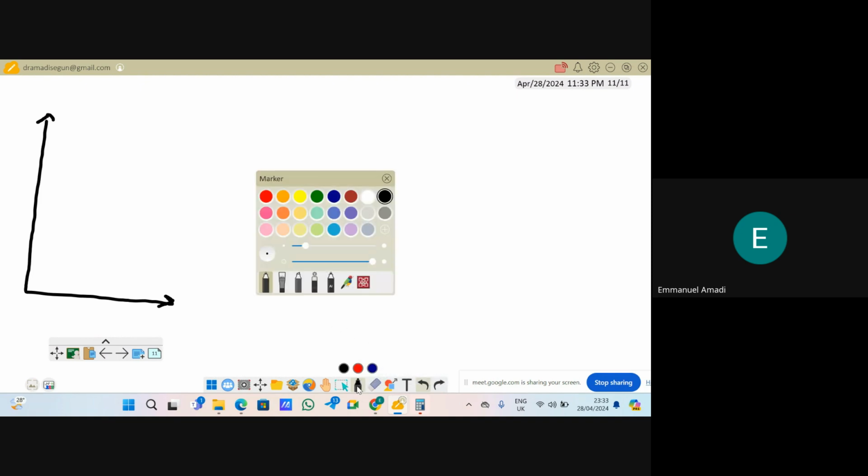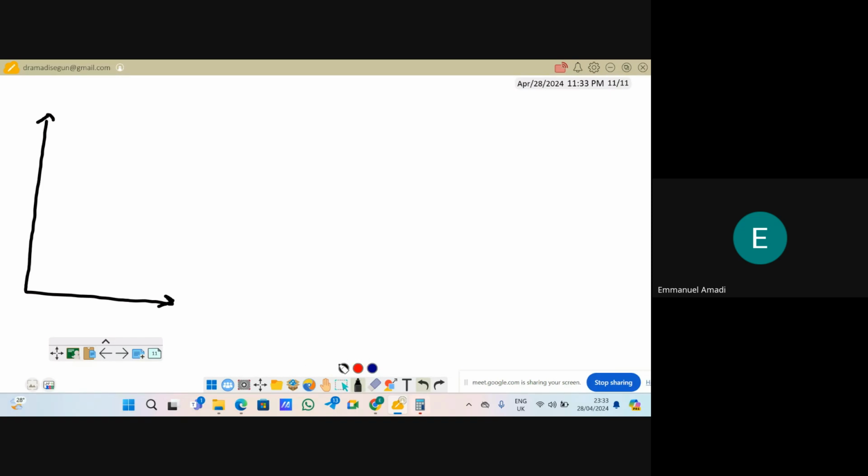Let me bring the normal, then we compare it with the aortic regurg and see how it will make sense. This is the normal.